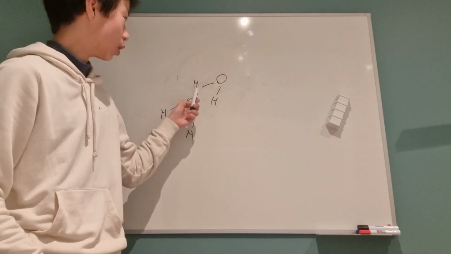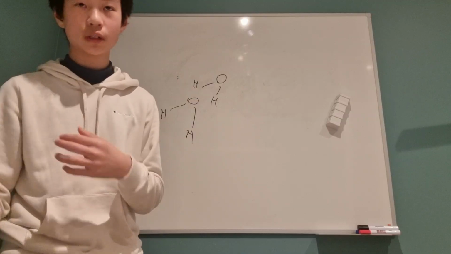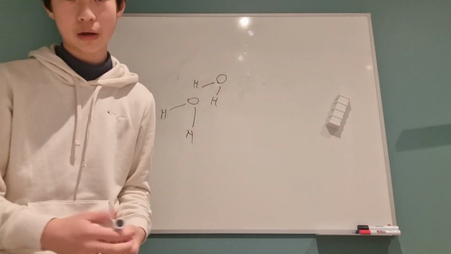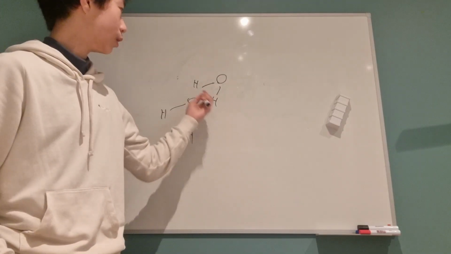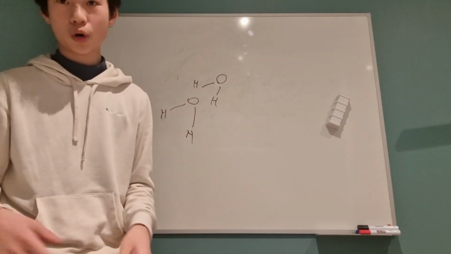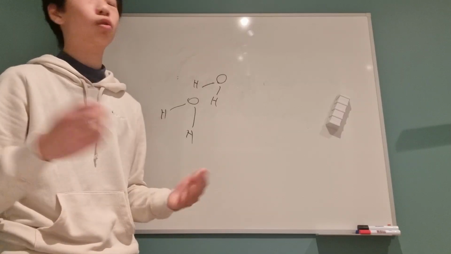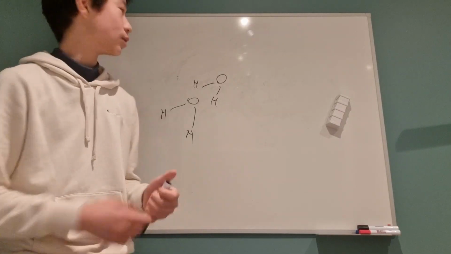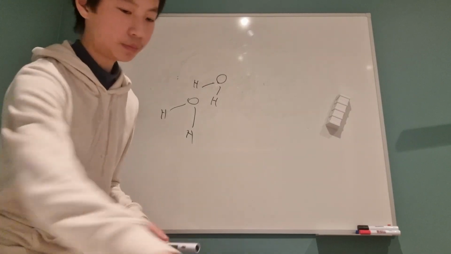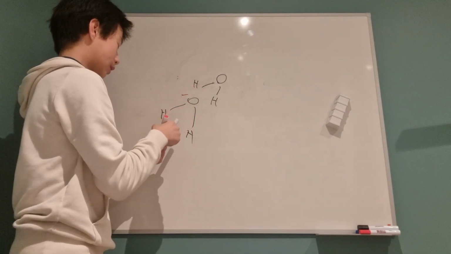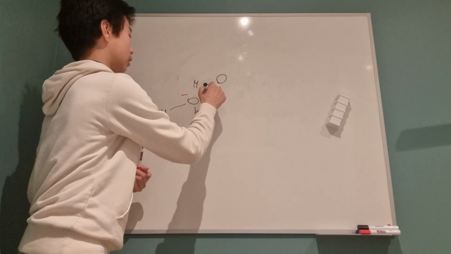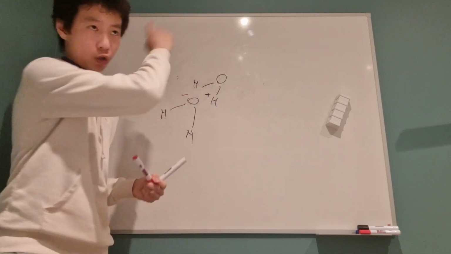And the hydrogens, because their electrons got held for a longer amount of time when they were there, become more positively charged. And as you know already, positives and negatives attract. So this negative side is attracted to this positive side, and that's why the water sticks together.